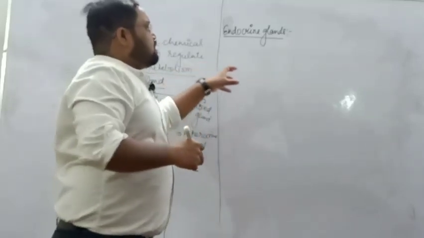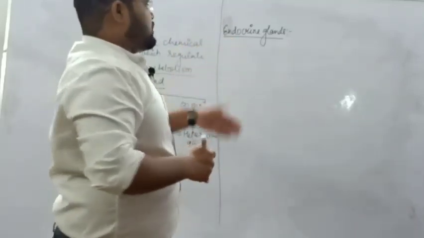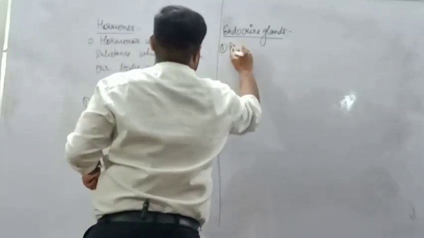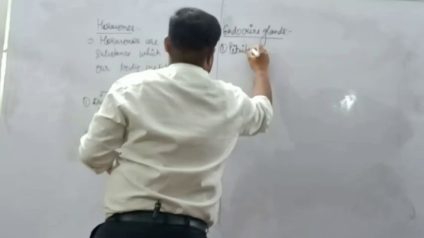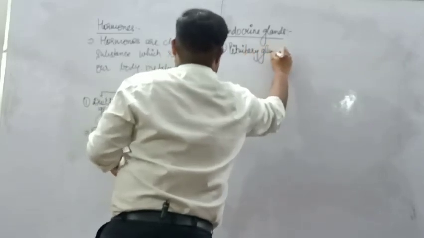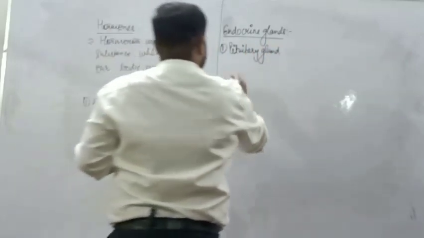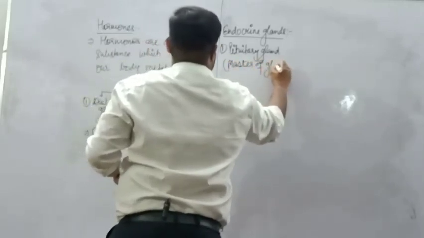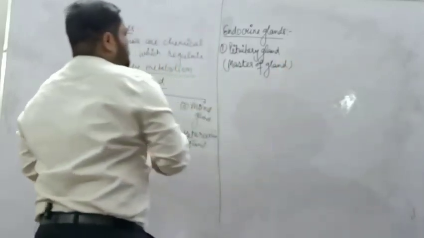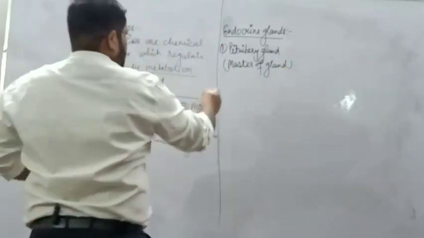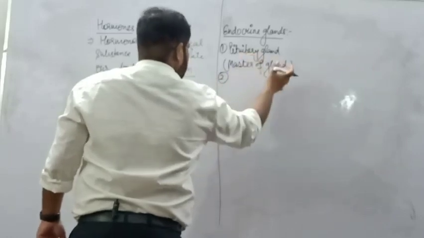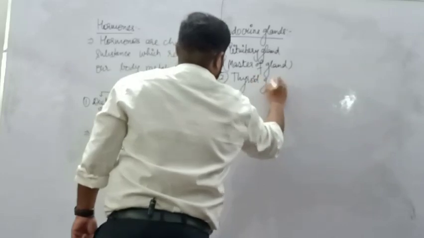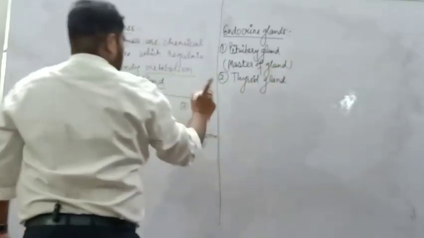After that I'm going to tell you about all the glands particularly. The first gland is pituitary gland. Pituitary gland is also called master of glands. Second, thyroid gland.